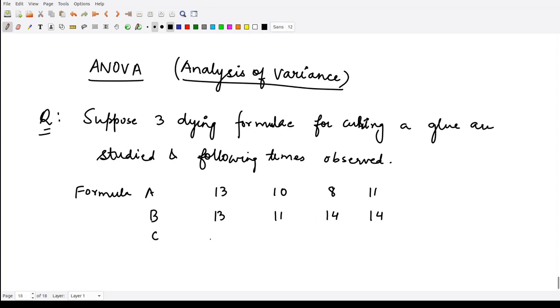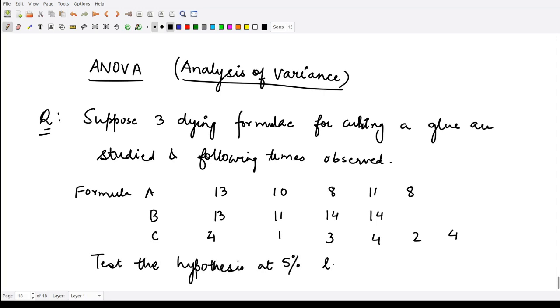And for formula C you were given 4, 1, 3, 4, 2 and 4. It is 11 here, and here also we have 8. So this is what you are given, and you are to test the hypothesis at 5% level of significance. So this is the question.